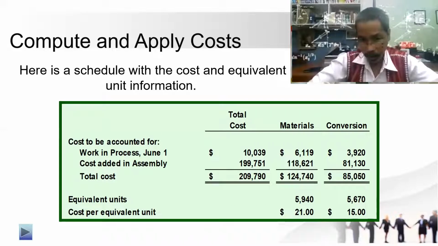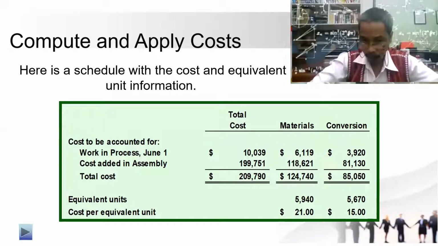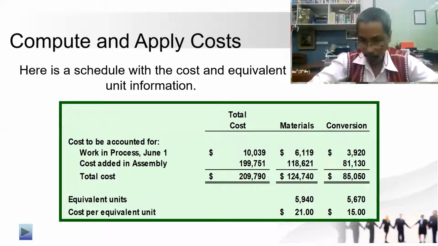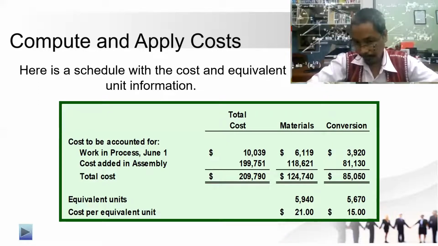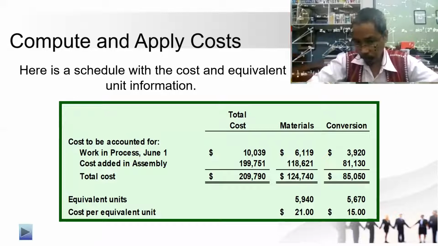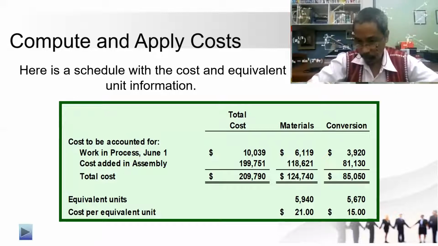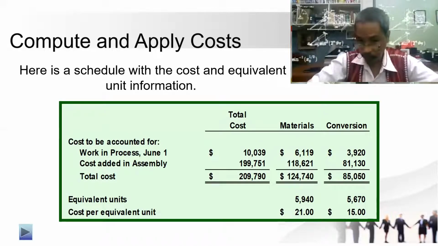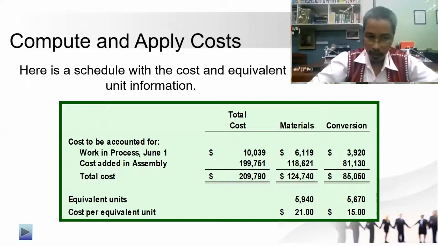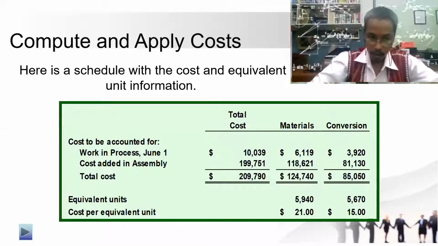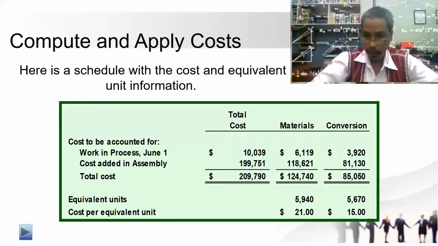For the conversion, 85,050 divided by 5,670. If you divide that, the answer is $15. That is our computed cost per equivalent unit.